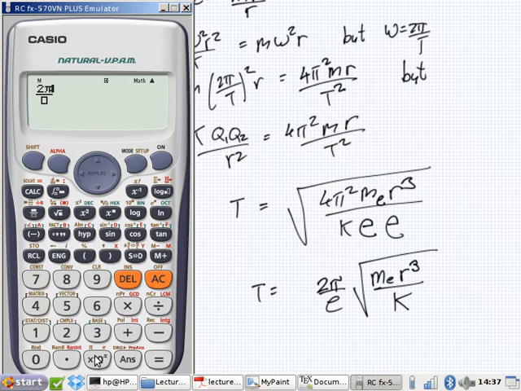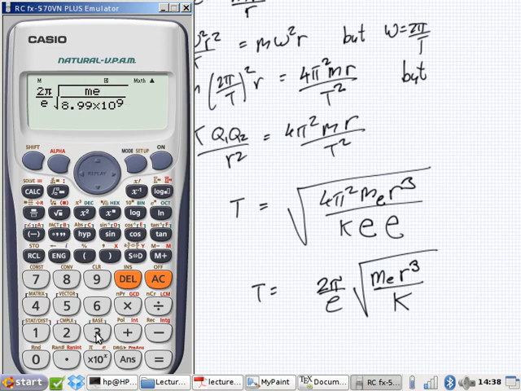2 pi over e, square root of mass of an electron, which is number 3, isn't it? Over 8.99 times 10 to the power of 9.